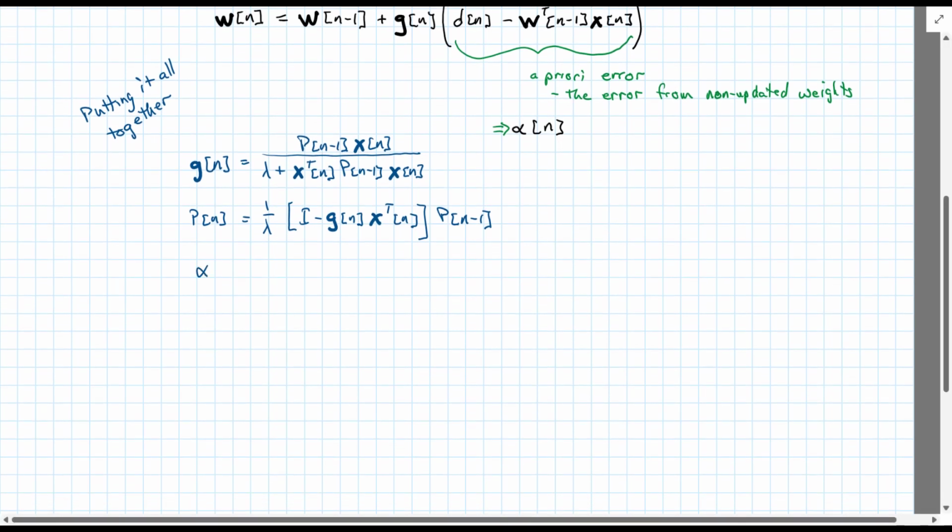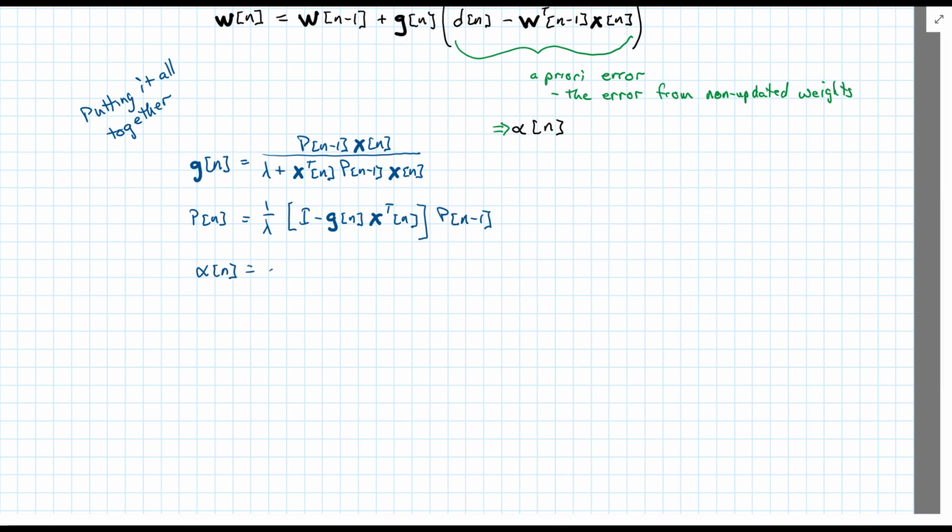Then we calculate our a priori error as d of n minus W transpose, using our previous version of the weights, times our current input.